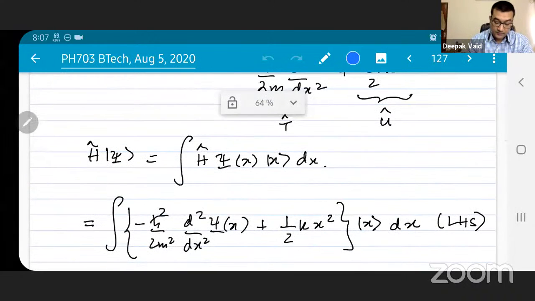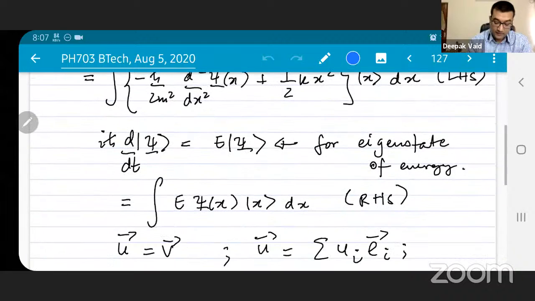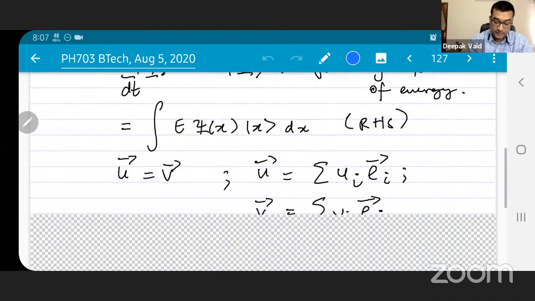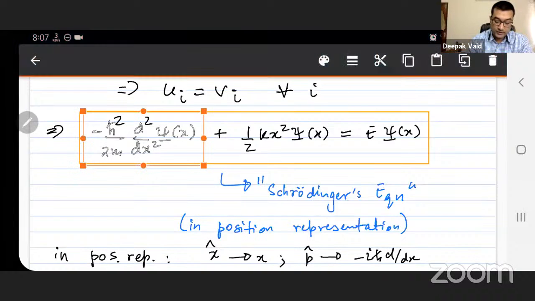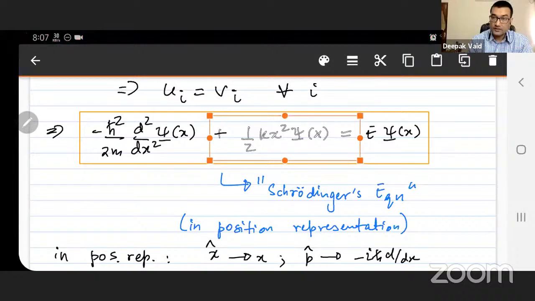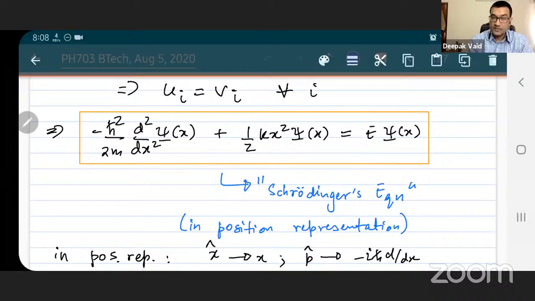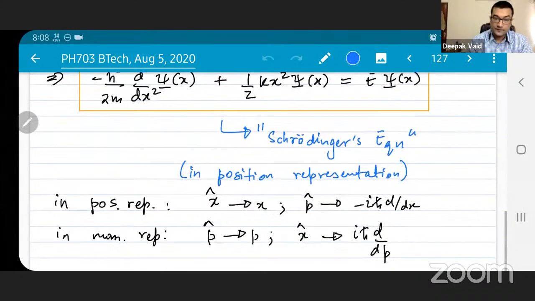And then finally we end up with the Schrodinger equation for the harmonic oscillator. It's just the usual Schrodinger equation. There is a kinetic term, there is an energy term, and the main aspect is that there is a potential term which has this form x square.